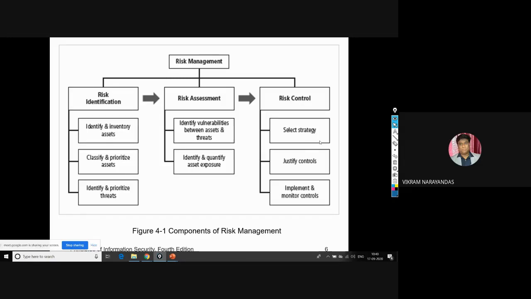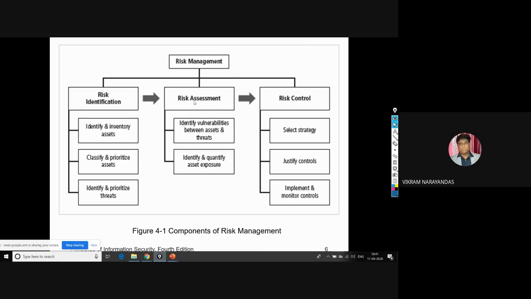Once we have gone through this process of self-examination, then we'll move into threat identification. To begin managing risk from the vulnerabilities, we must identify those vulnerabilities first. To do risk identification, we need some risk assessment. We need some documentation.